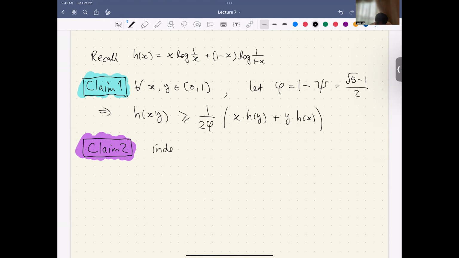So independently sample two elements from the power set, think of them as 0-1 length n binary vectors, and assume that no element is too popular. Assume for any i in [n], it's not contained in too many of these A or B.